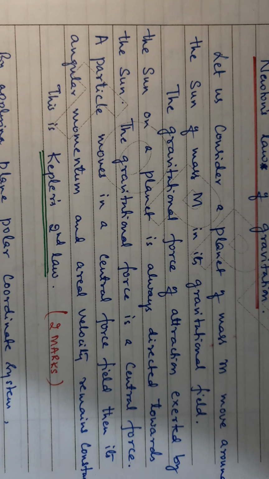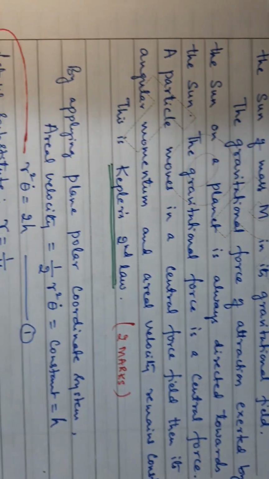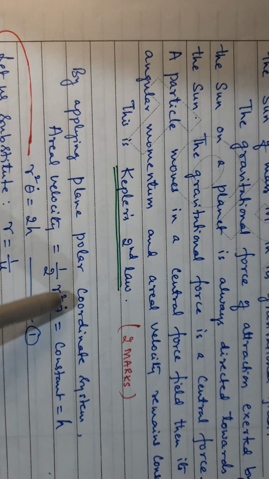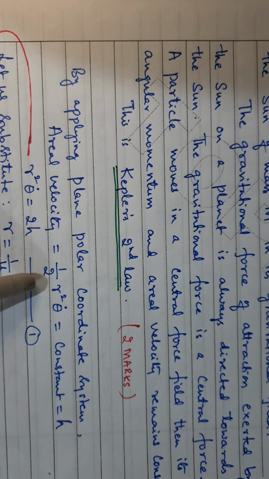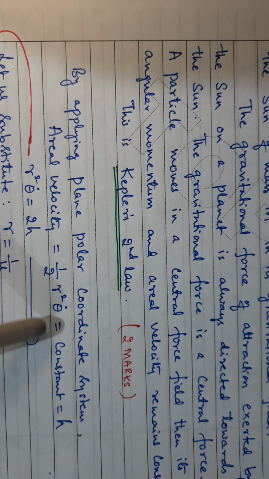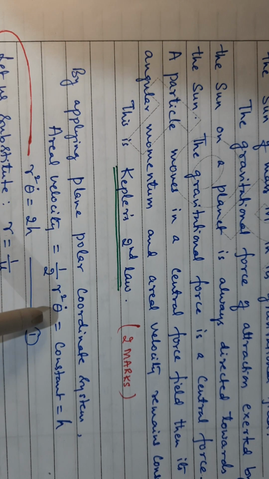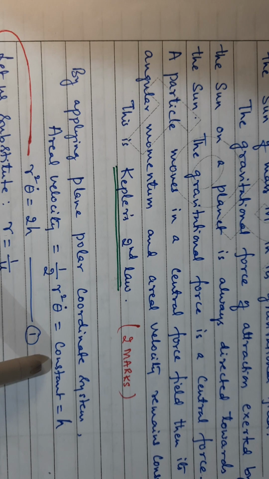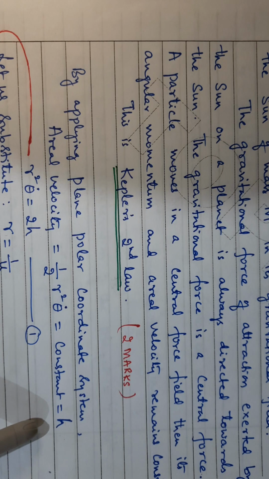2 marks. Now we will take up the other ideas. First, let me consider the polar coordinate system. Areal velocity, we know that half r squared theta dot is a constant. I will take that constant as h. One alphabet has been chosen, not necessarily h.